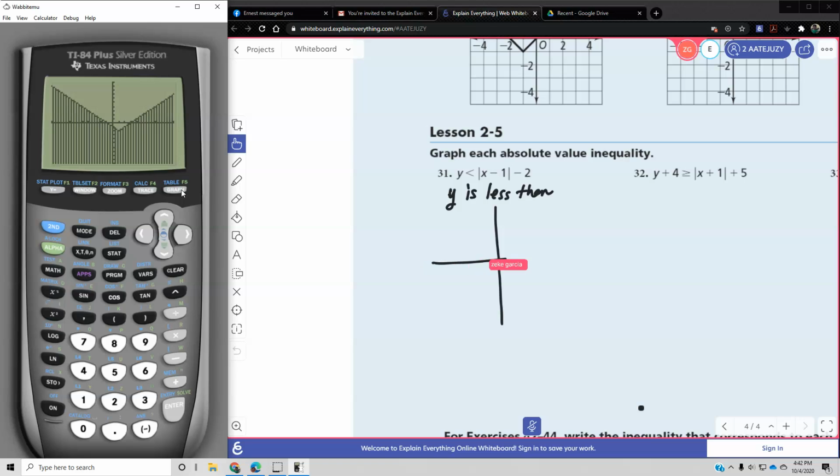So if I were to sketch this, I know that my transformation is 1, -2. And I know that my graph is going to be a dotted line.